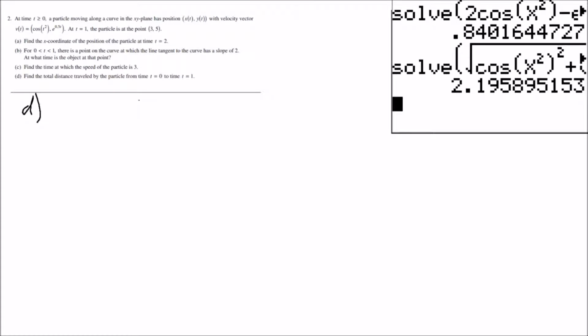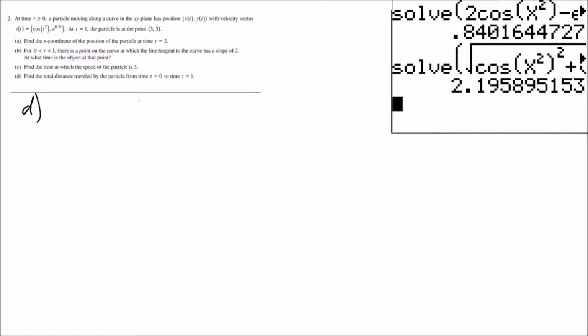Okay, and now for the final part of this problem. Part D says, find the total distance traveled by the particle from time t equals 0 to time t equals 1. Now the interesting thing is we have distance. Now, distance is the length of the entire pathway that it travels, not the position that it stops at.